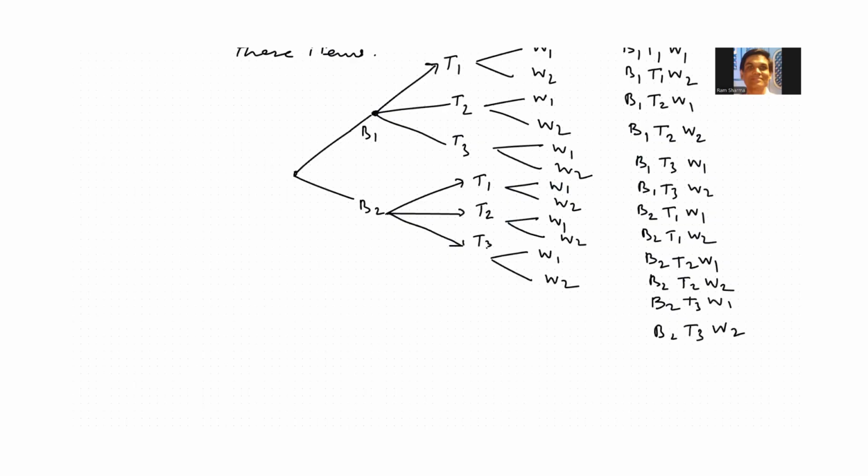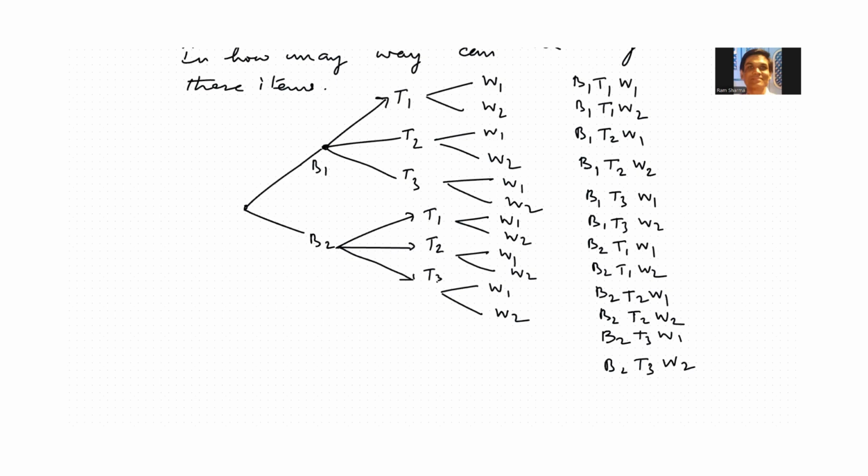So let's count how many ways. 1, 2, 3, 4, 5, 6, 7, 8, 9, 10, 11, 12. So there are a total of 12 ways.